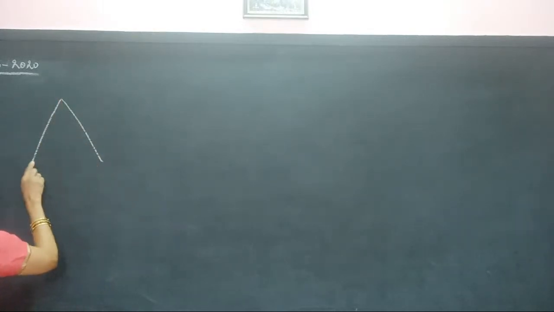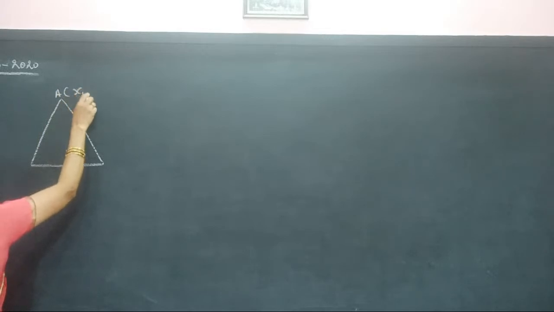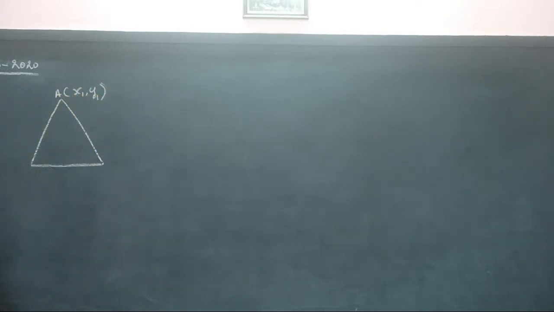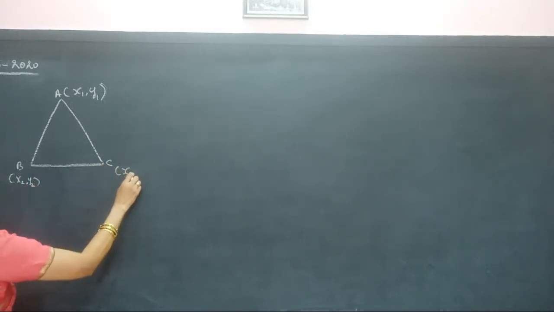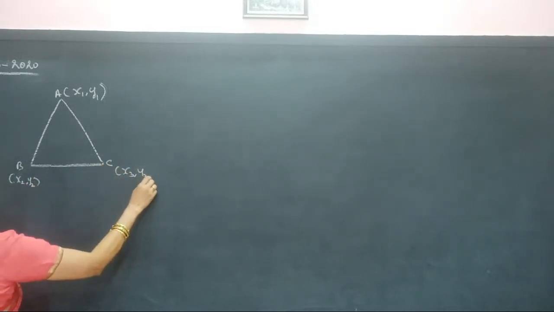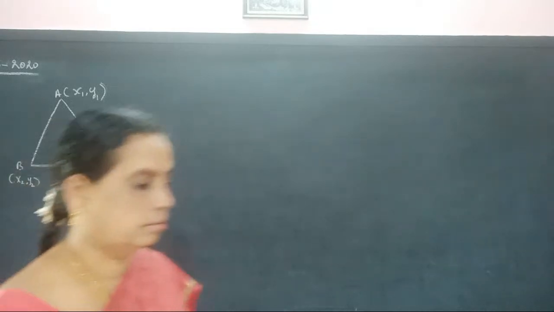Consider a triangle ABC with its coordinates at the vertex A x1, y1. So use the scale and get the figure. B, x2, y2, C, x3, y3. Got the figure?